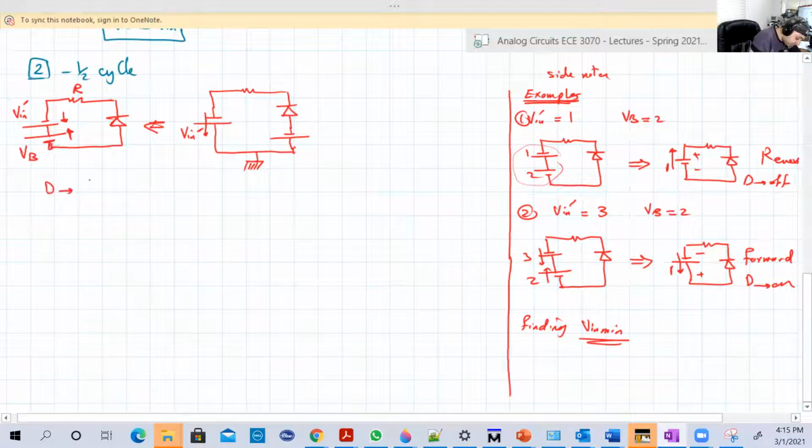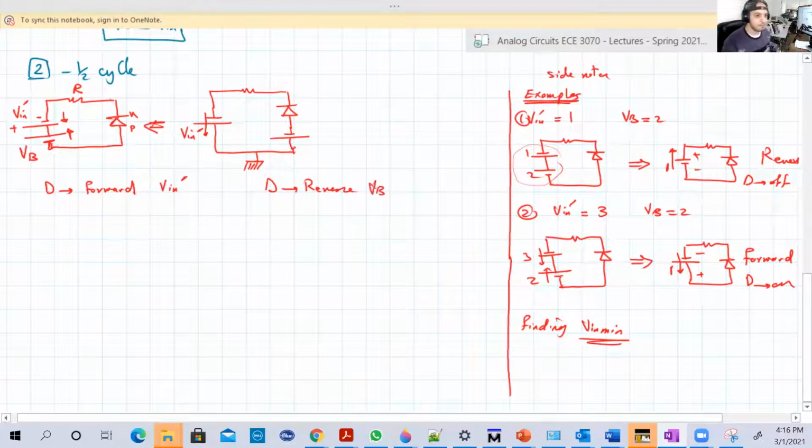Okay? So in that case here, D is forward with Vn dash. Look, N is closer to the minus, and B is closer to the positive. So D is forward with Vn dash. At the same time, D is reverse with VB. So they counteract each other.